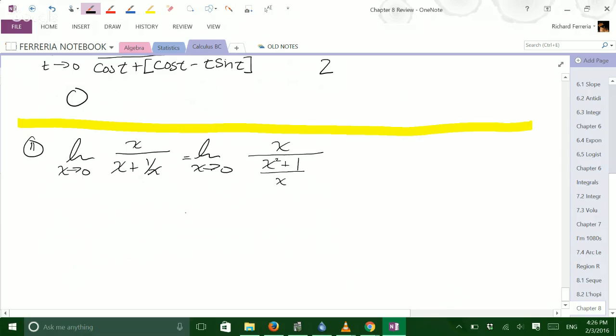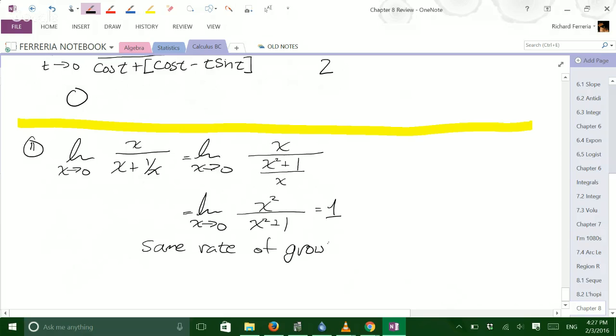That's equal to the limit as x approaches 0 of x squared over x squared plus 1. You don't even need L'Hopital's rule. The limit is 1. Same rate of growth.